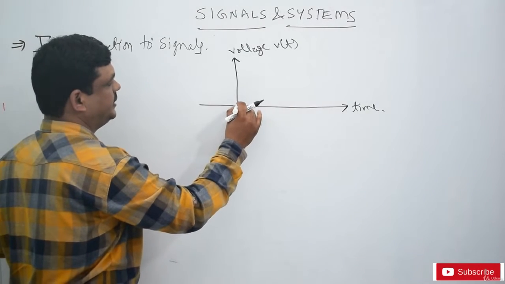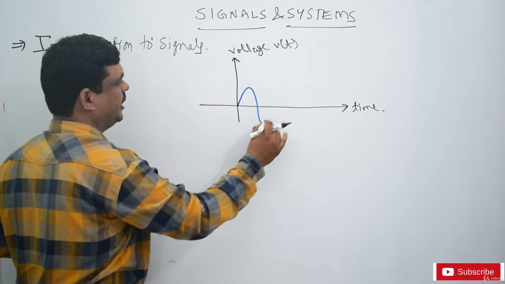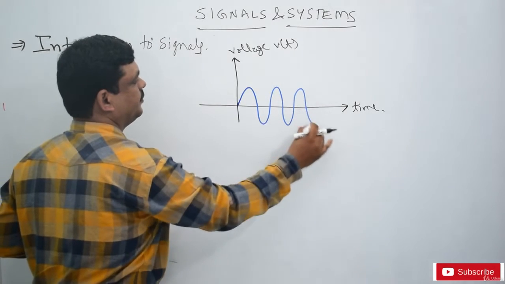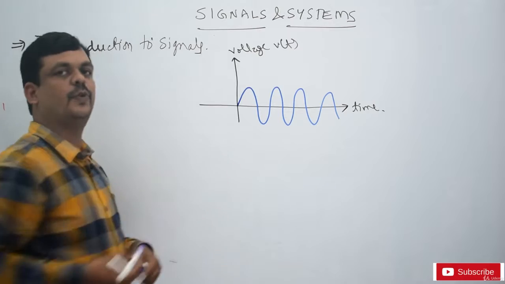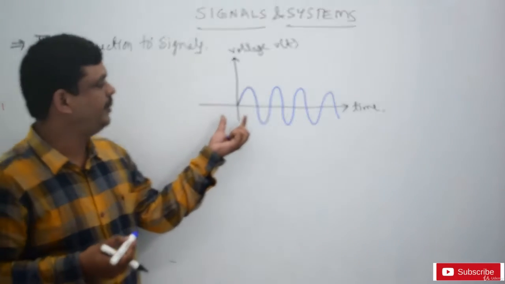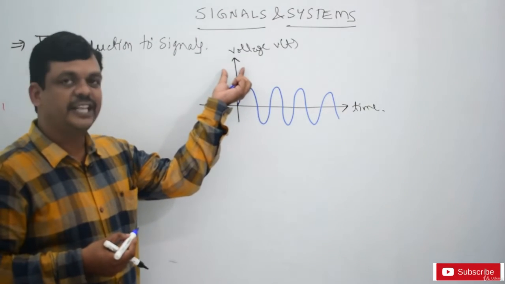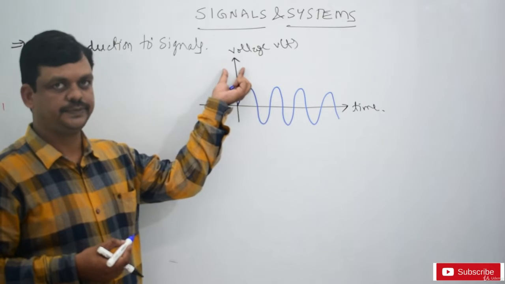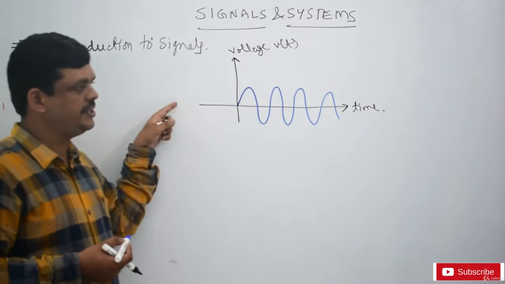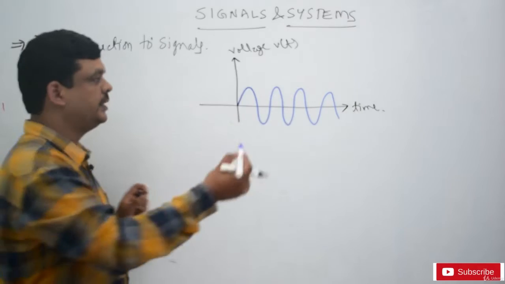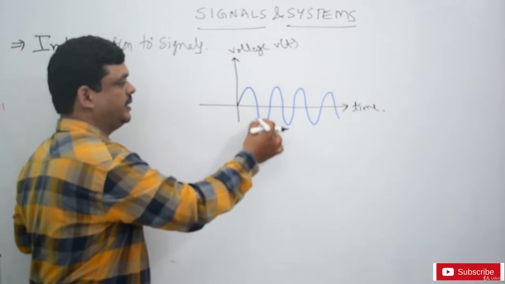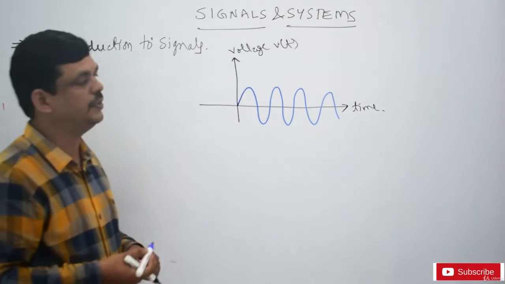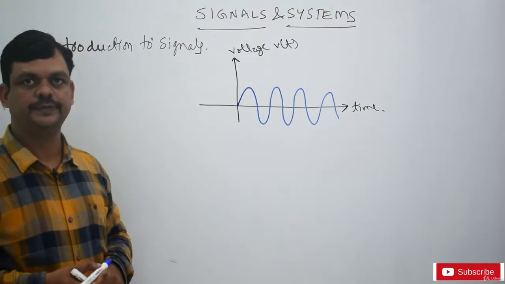The changing is like this, sinusoidally increasing and decreasing. This is one signal. So according to the mathematical analysis, this explains the name of the function, and this function is changing with respect to time. The changing analysis is exactly sinusoidal shape here. So this is one signal.